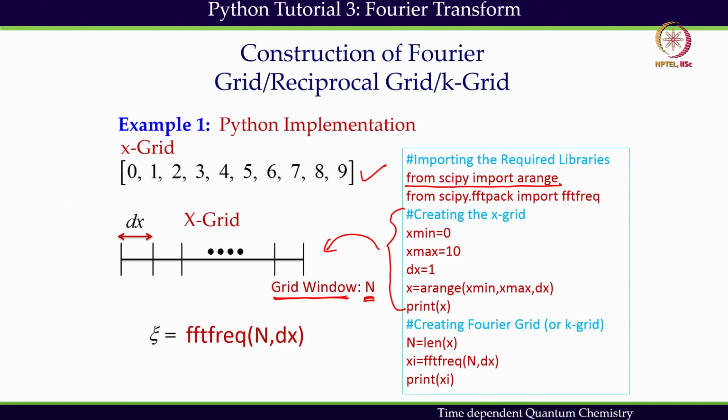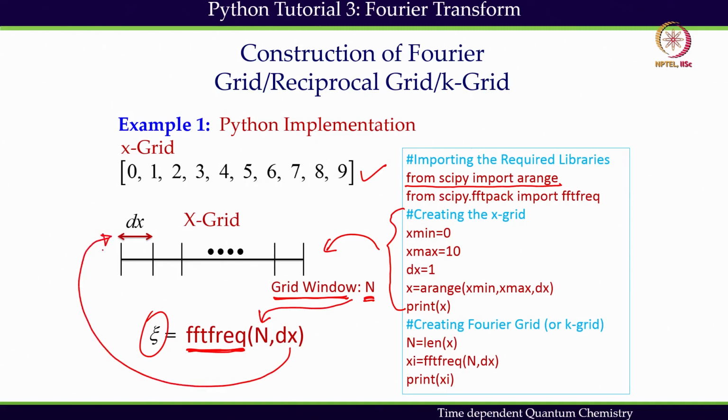So, once we have done that, the first thing we will do is create these xi frequency components, and one can create the xi frequency components with the help of this FFTFREQ functionality. FFTFREQ requires two inputs. The first input is the grid window, and the second input is delta x.